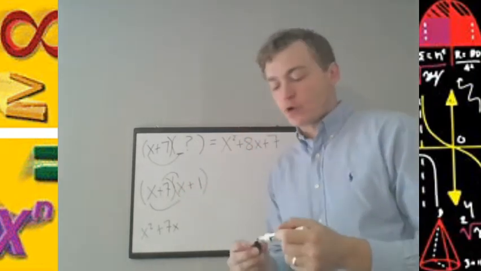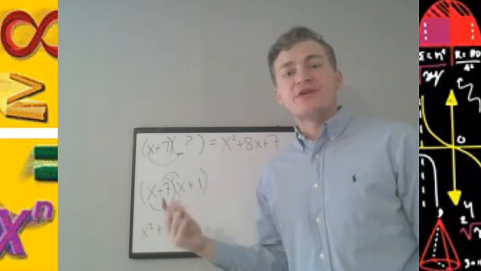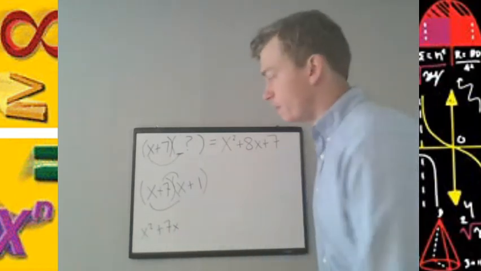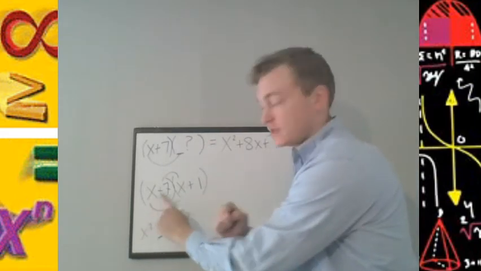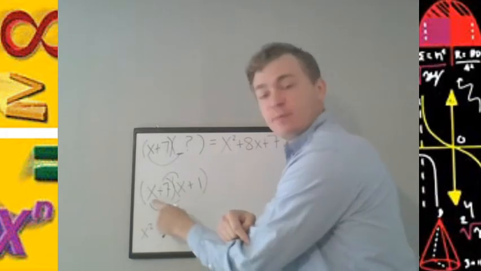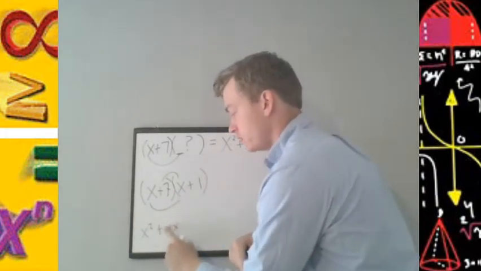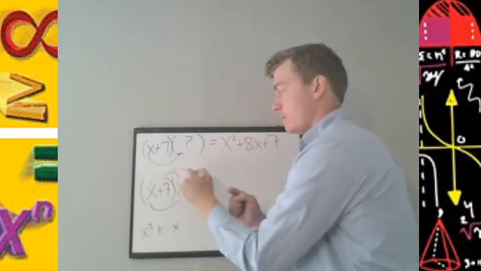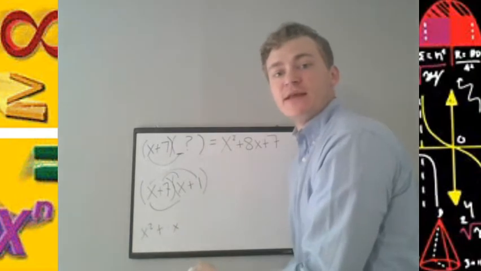Let's see by running through the FOIL method whether the product of these two binomials actually gives us this trinomial. Using the distributive property, if I multiply this x to this x, I get x squared. If I multiply this x to this 1 here, x times 1 or 1 times x is 1x, and we simply write that as positive x.